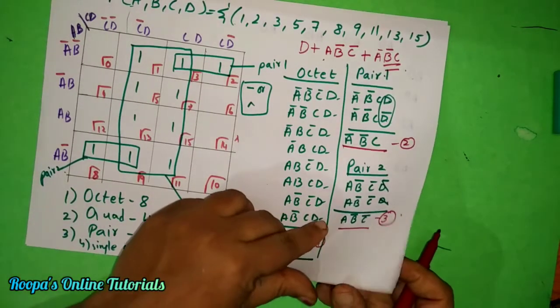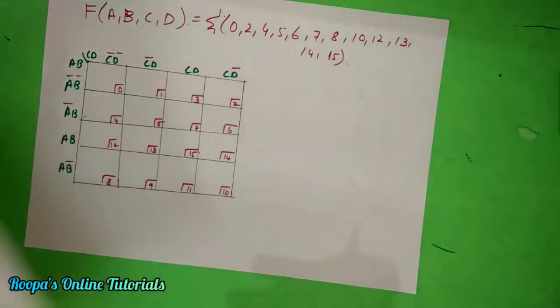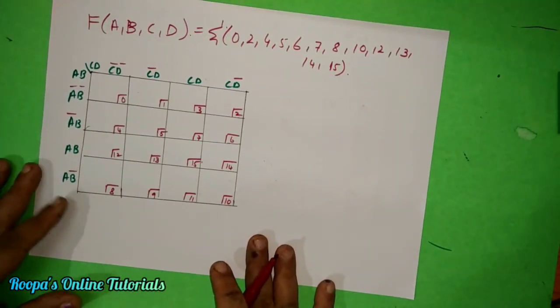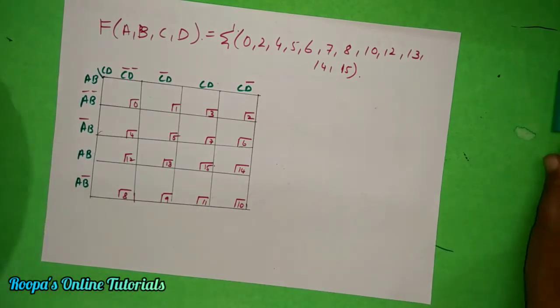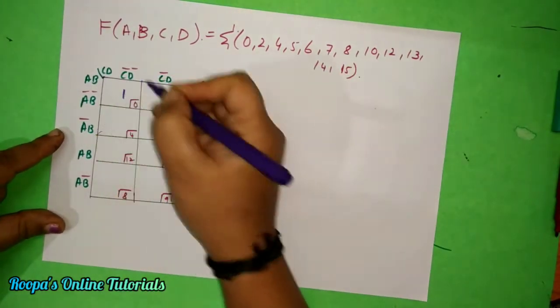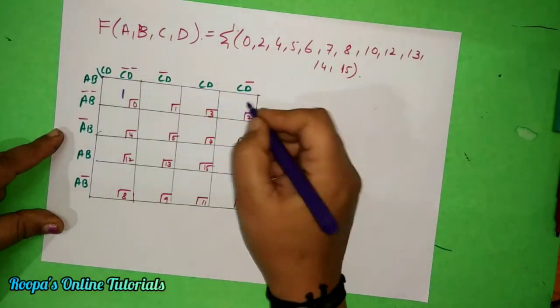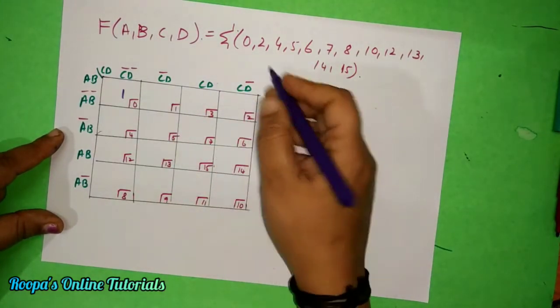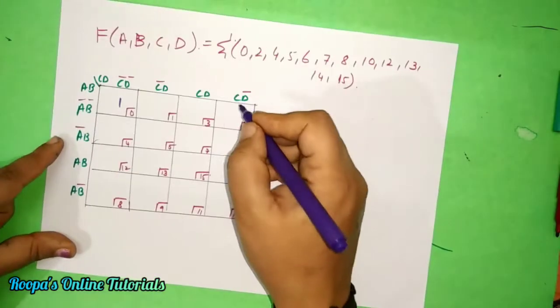Okay, so I got one more sum for K-map. Here, I have written one more sum. So here, I've already marked everything. See this, why I'm showing you this is because it shows you the map rolling. That one had overlapping, this has map rolling.